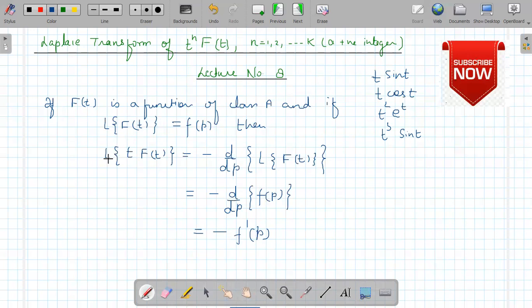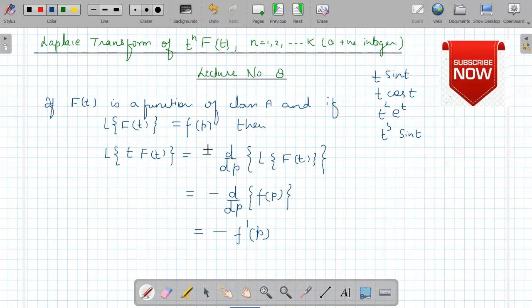And you can also understand it like this: when L goes inside this bracket, t will convert into the derivative with negative sign, and L will apply on f(t) and this derivative will apply on this whole expression.